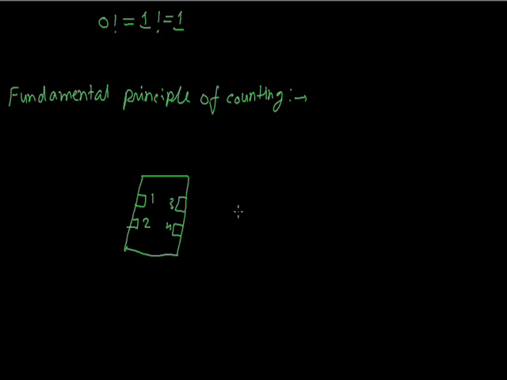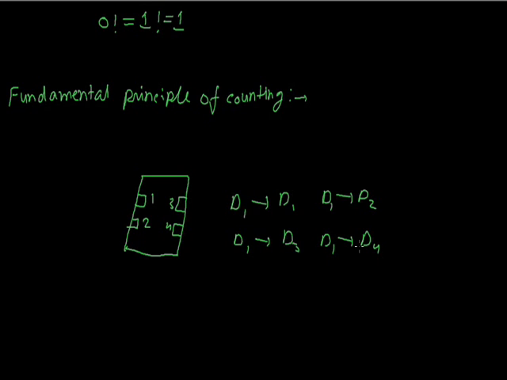There are 4 ways he can exit: enters with door 1 and exits with door 1, or door 2, or door 3, or door 4. So there are 4 ways that he can exit.